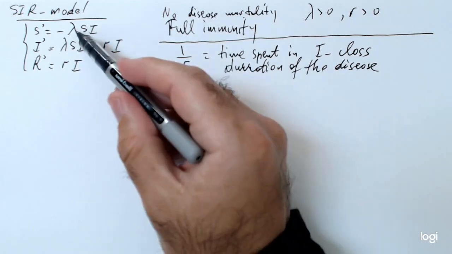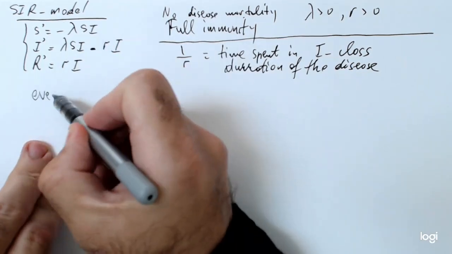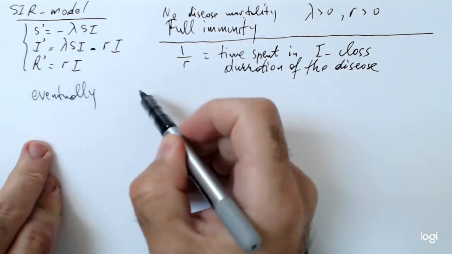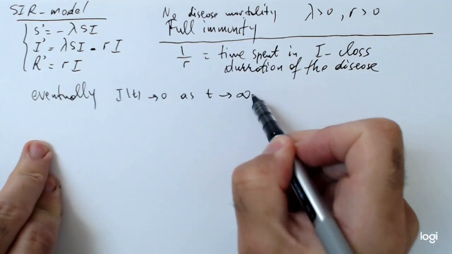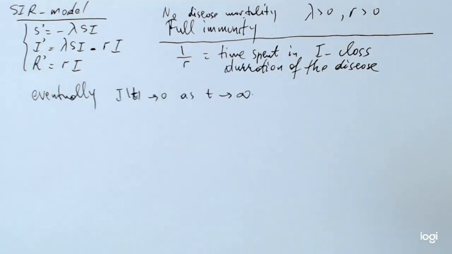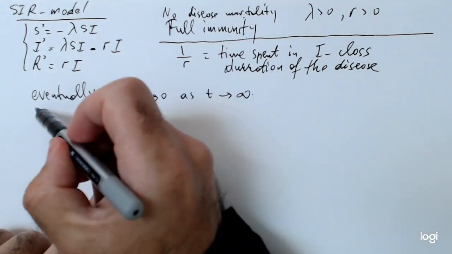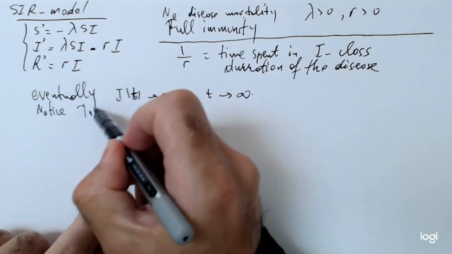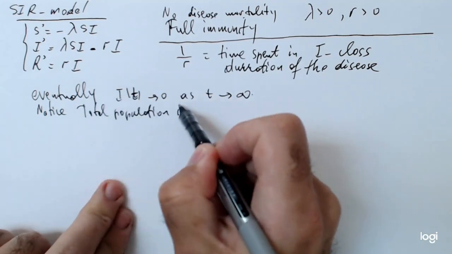But no matter what the size of lambda and r, we should point out that eventually I of t goes to 0 as t goes to infinity. No matter what, I of t goes to 0. One way to gather this intuitively is to notice that the total population is constant.